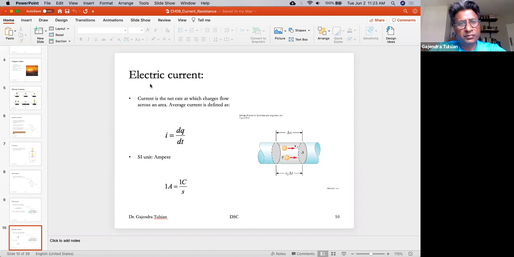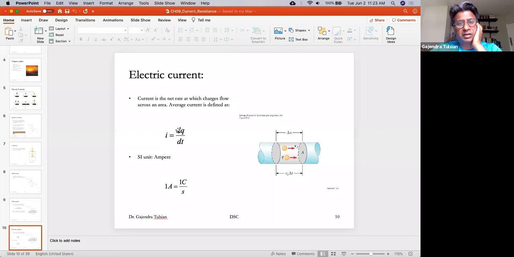All right, so now let's finally define electric currents. So here's a wire. The electric current is defined as follows: you can stand at any location, and the amount of charge passing you per second is called the electric current. So I is dq by dt, the amount of charge passing you per unit time.